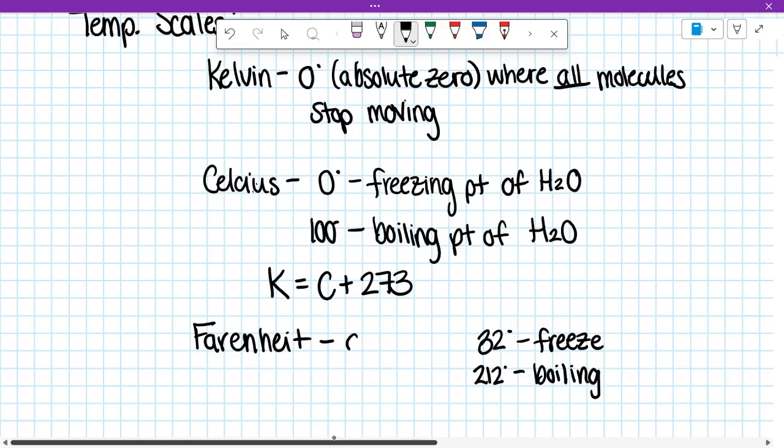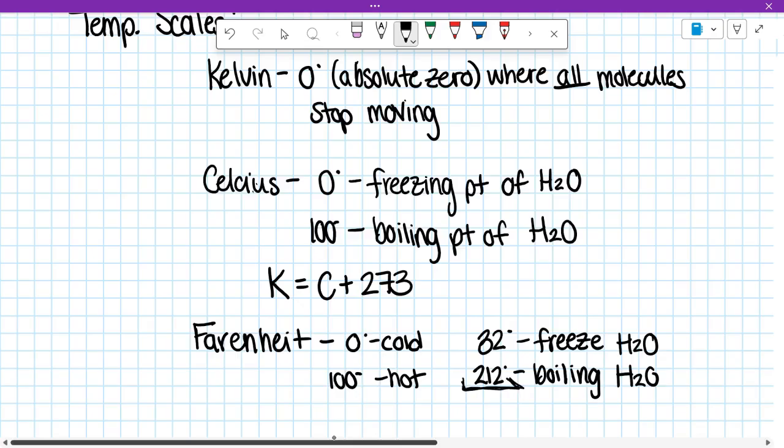So 0 degrees is just cold, and 100 degrees is just hot. It's not meaningful. The meaningful temperatures in Fahrenheit are 32, the freezing point of water, and 212, the boiling point of water.